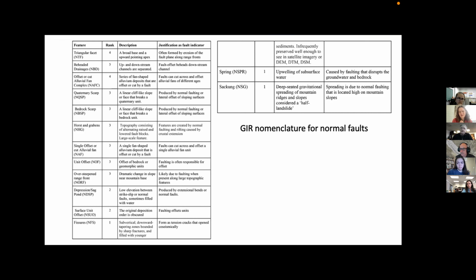Things like triangular facets too are not necessarily right on the fault. So I mentioned last time that they start with a small triangle near the active scarp, but that they go up and fractally get bigger and bigger going up the range front. So you could map triangular facets away from the fault on the range front further up the mountain. So that'll help fill it in a little bit.